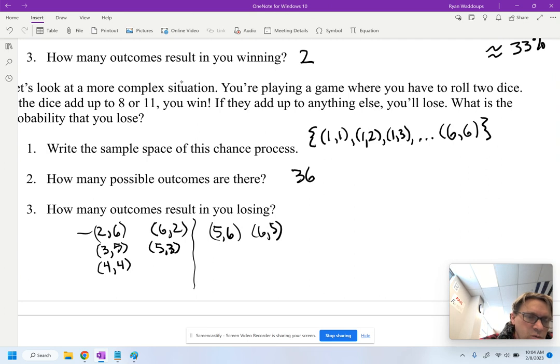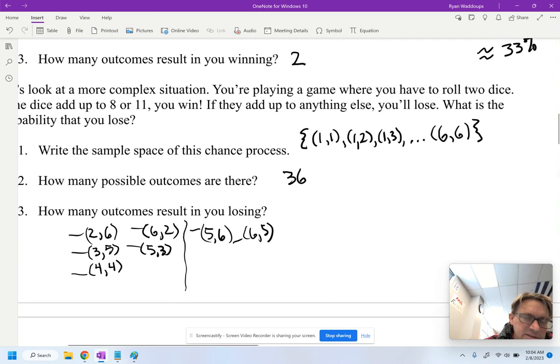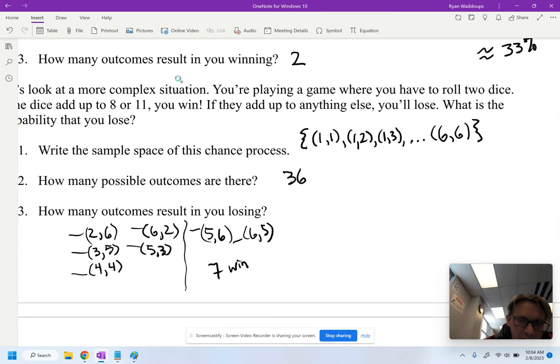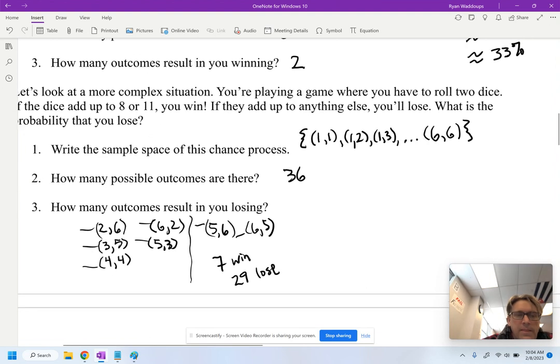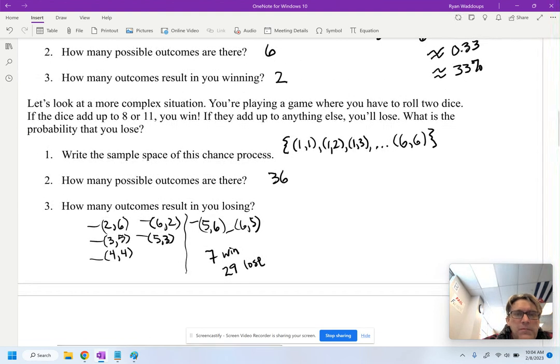And so I think here there's 1, 2, 3, 4, 5, 6, 7 ways to win. Because there are 36 total, that means there are 29 ways to lose. And so the probability that you would lose would be 29.